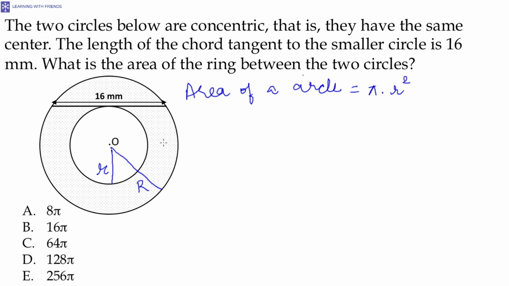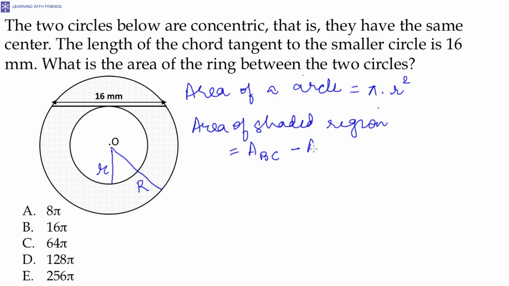So the area of the shaded region will be the area of the big circle minus the area of the small circle, which is pi times capital R squared minus pi times small r squared. So basically we have to find this value.